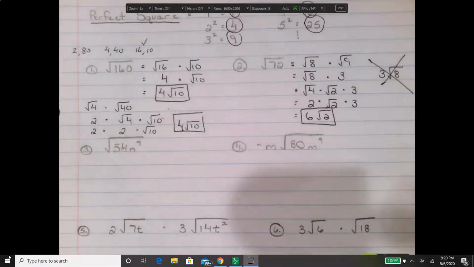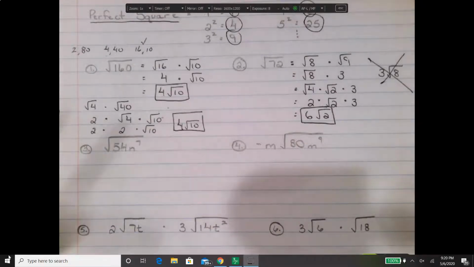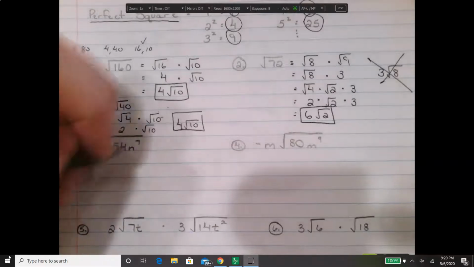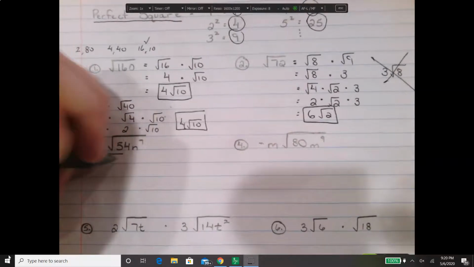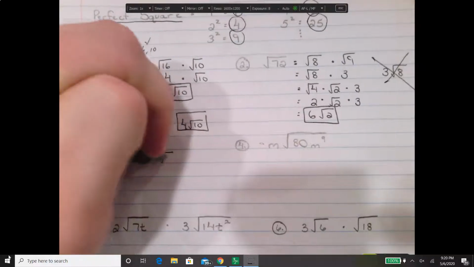And the number underneath the radical is 54. So I want to break this into two factors that equal 54, and one of those happens to be a perfect square. So I'm going to break this down into 9 times radical 6.